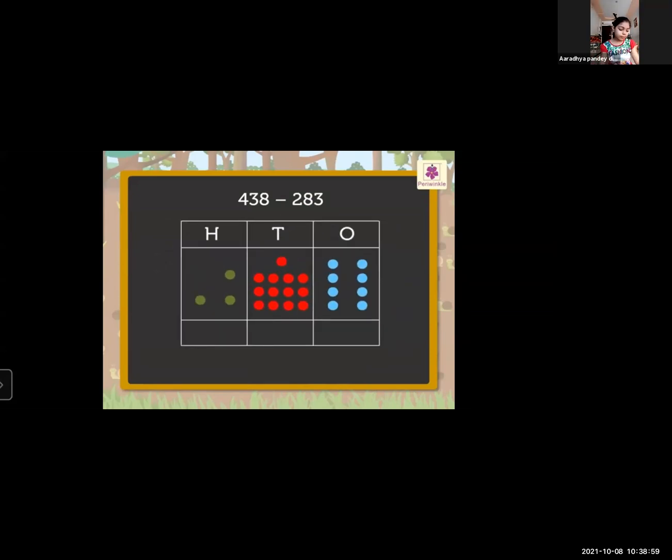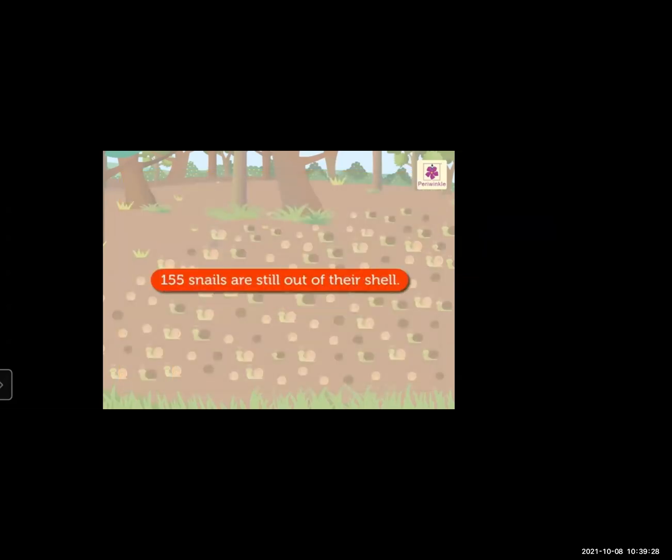Now let us cancel 3 blue dots, 8 red dots and 2 green dots. We are left with 5 blue dots, 5 red dots and 1 green dot. So we get in all 1 hundred, 5 tens and 5 ones, which is equal to 155. Thus, 155 snails are still out of their shells.